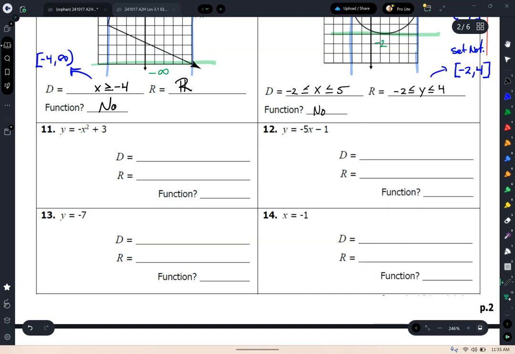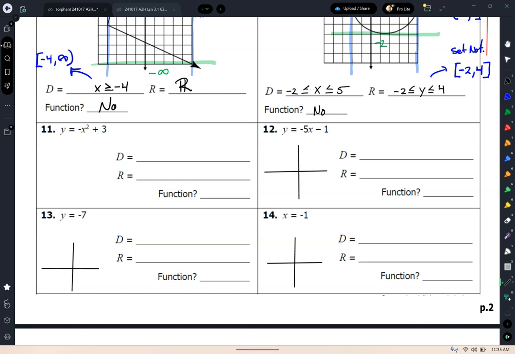For 12, 13, and 14, we'll give ourselves a little coordinate plane here, like that. And we'll just do quick and dirty graphs of what you think those should look like. Give it a shot.